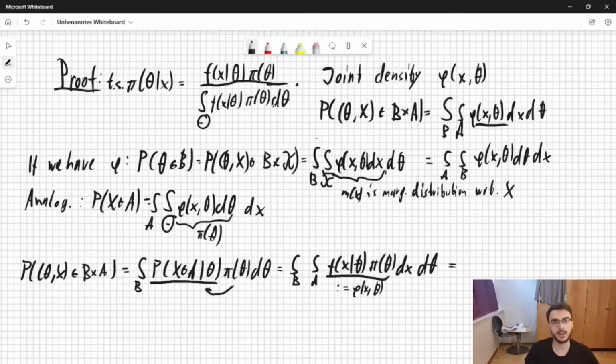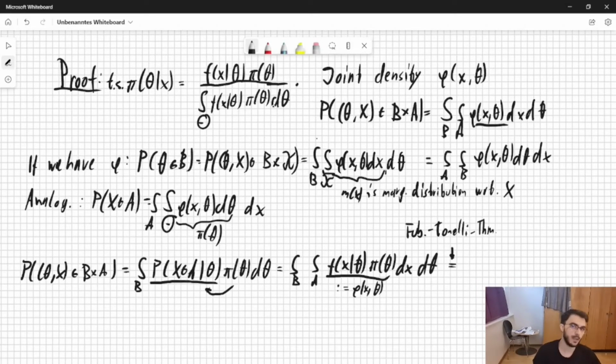And now this is where the small precondition comes in, because we want to show that we can interchange the order of integration. And for this we need a theorem called the Fubini-Tonelli theorem, which says that we can do this if we have a function which is non-negative, which is the case here. So this part is definitely larger or equal to 0 just because we have densities. And then the technical term is that we want the measures to be sigma-finite.